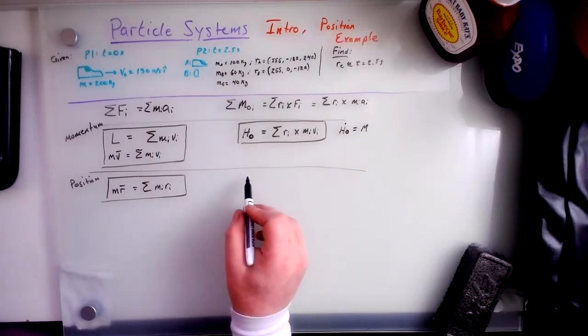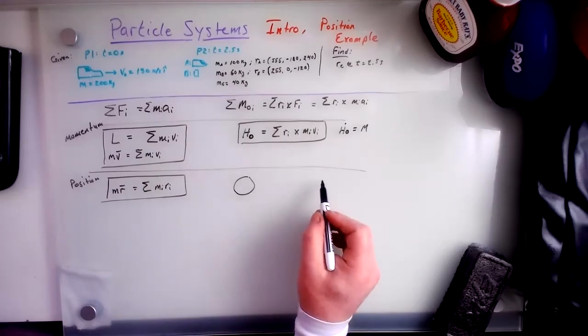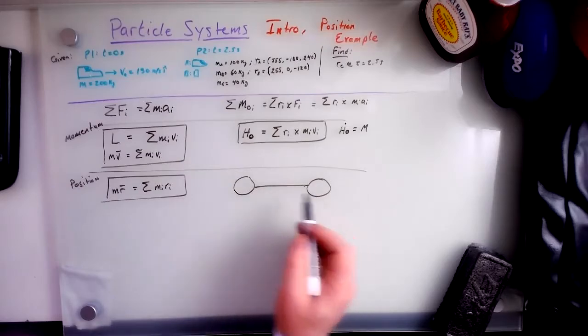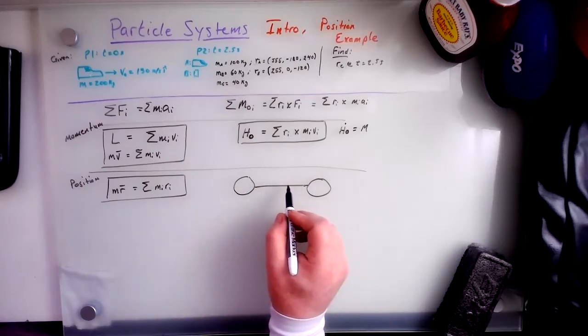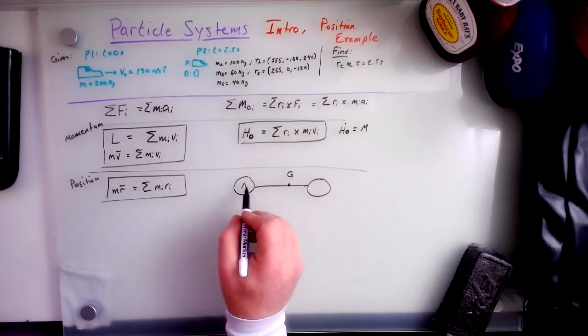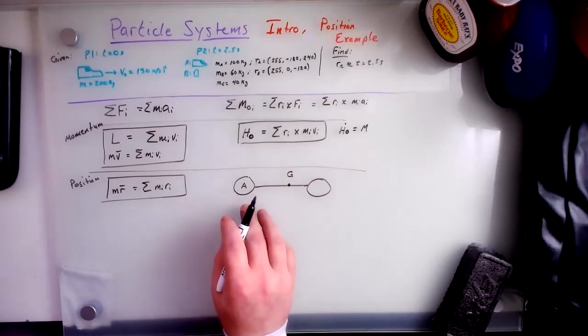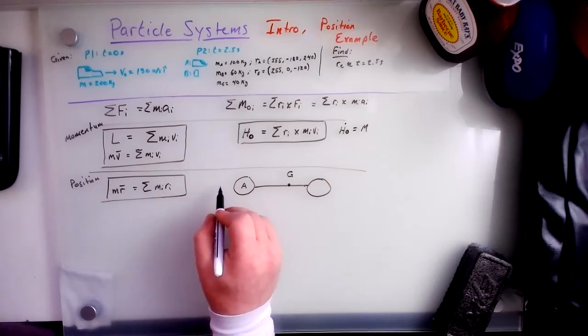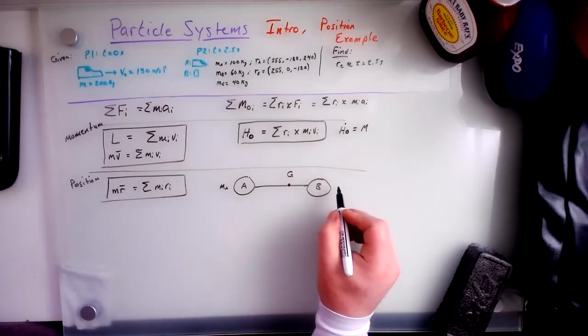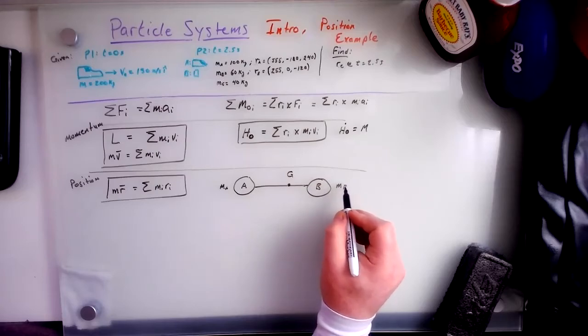So if we have a system like this, and let's connect them for now, then between them, we say there's going to be some point G. This will be our, in this case, sphere A. It's got m_A, right? And similarly, sphere B has m_B, right?